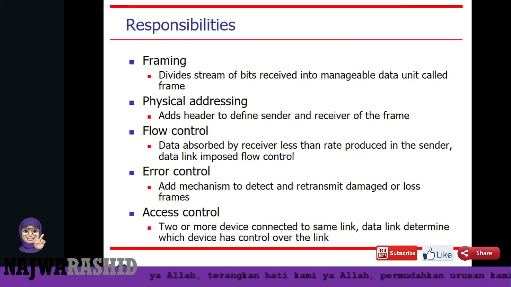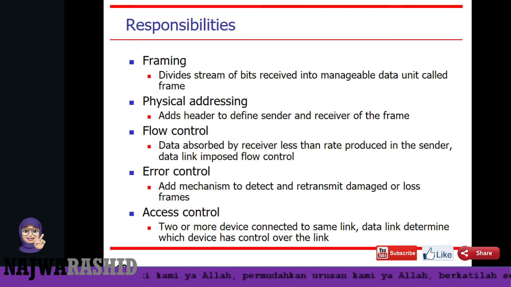First, framing, because it sends frame by frame. So it divides the stream of bits received into manageable data units that we call a frame. Later on you will learn about frames per second. Okay, so physical addressing. Physical addressing is usually at the header of the frame.